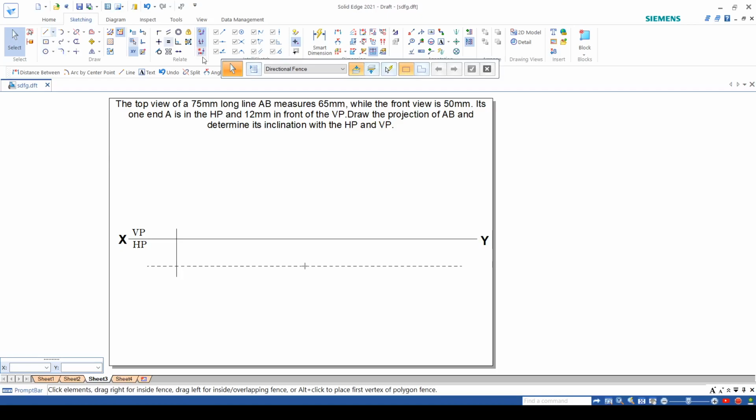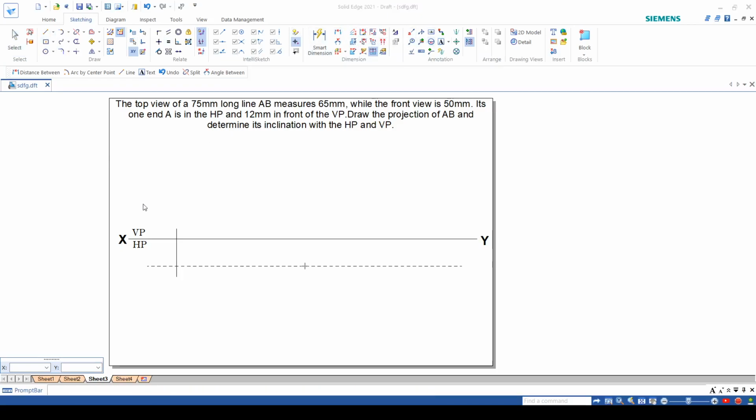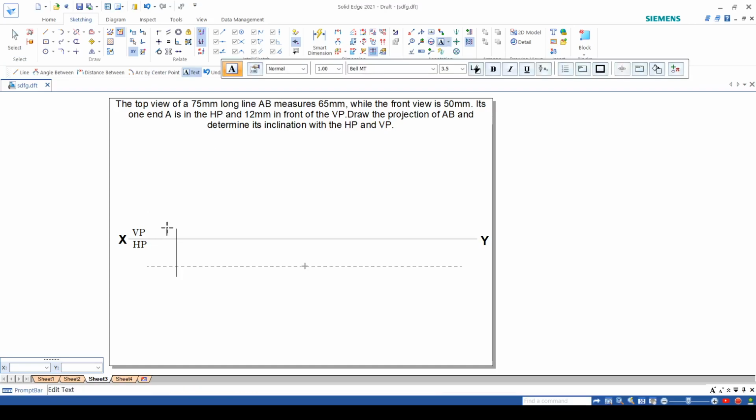If I am naming it, this would be A dash, and this would be A. Now it's given here that the line AB measures 65, and the front view is 55.